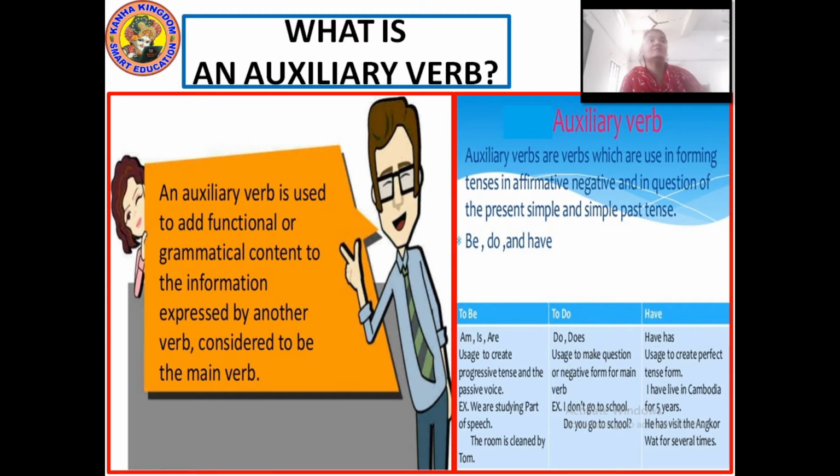So, what is an auxiliary verb? An auxiliary verb is used to add functional and grammatical content to the information expressed by another verb, considered to be the main verb.